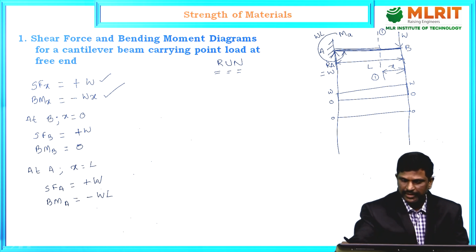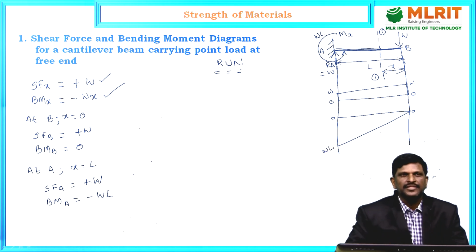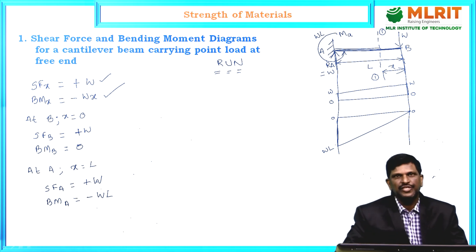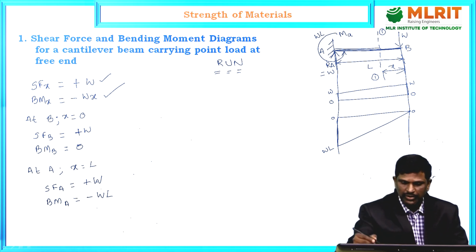Therefore, the bending moment is varying linearly from 0 to WL. If we consider the reactive moment at A, which is equal to WL, the net moment at A becomes 0. So, join the line from WL to 0.